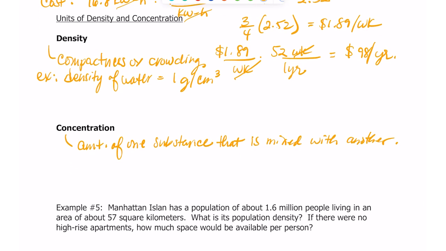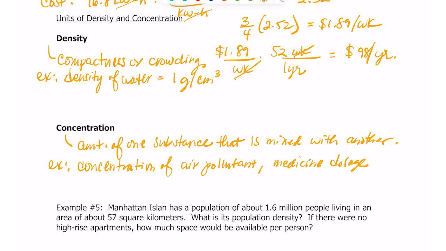An example could be concentration of an air pollutant, medicine dosage, blood alcohol content, which is abbreviated BAC.